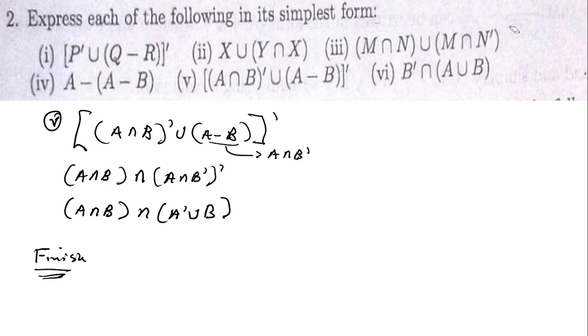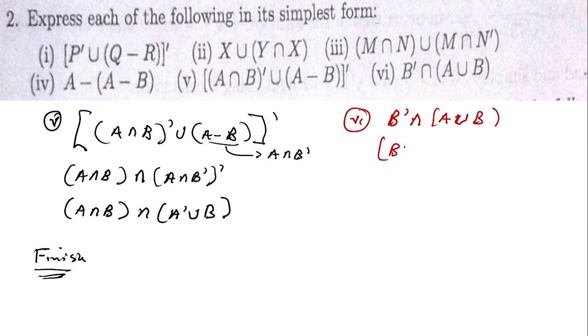Okay, with that given, I think even this one you can do it. Though let me just do it so that you can easily go through. So you have B complement intersection A union B, like that. So you're going to use the distributive law.